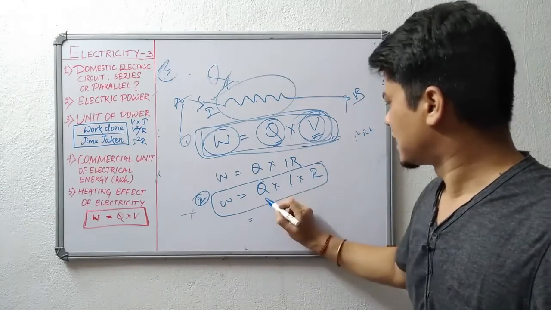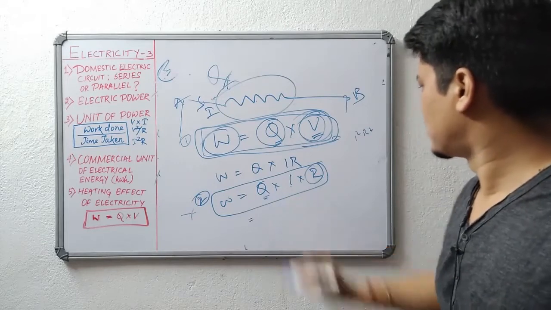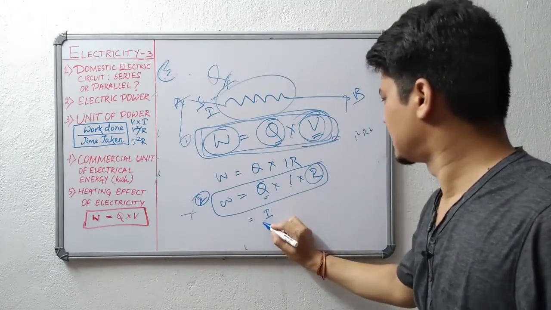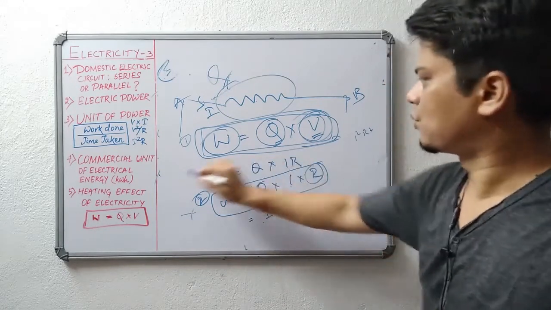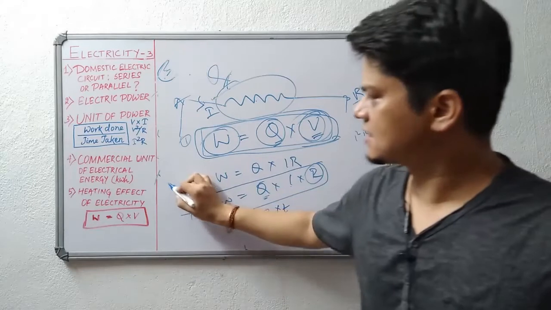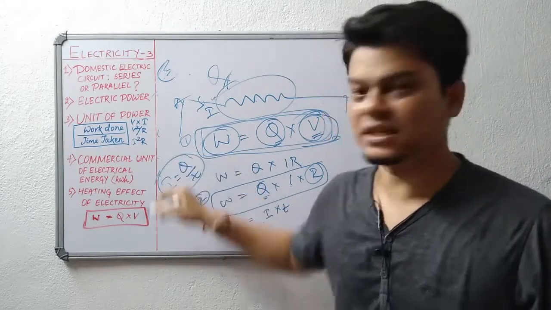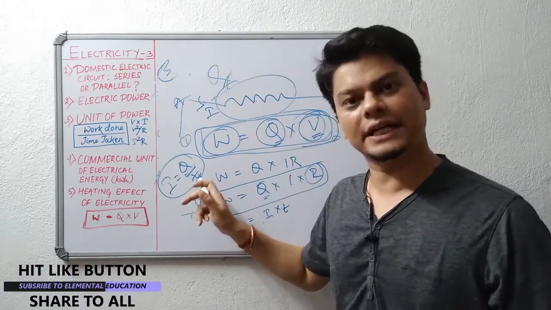How? See, R is constant. Q is equal to I into T, because the definition of electric current is the number of charges flowing per unit time.